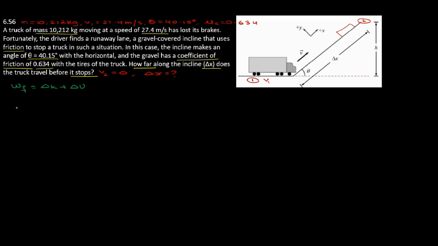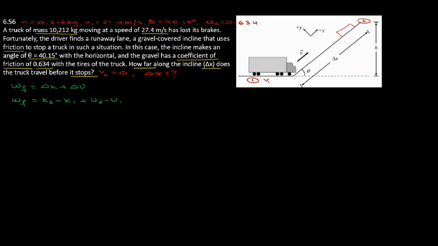Now I can write my change in kinetic energy as final minus initial value. So since the final value here I'm taking as 2 and initial as 1, I will write K2 minus K1. And we do the same thing for potential, U2 minus U1.